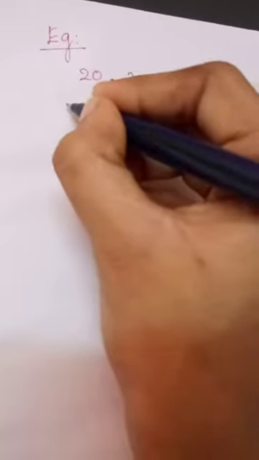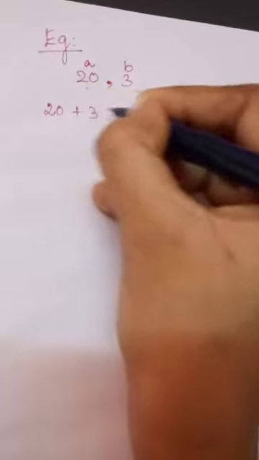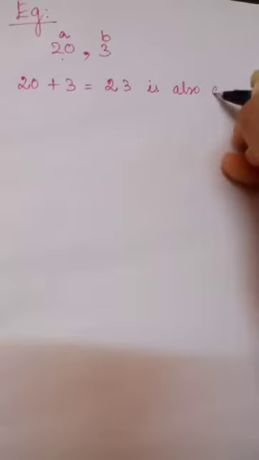Example for that: 20 is a whole number, 3 is a whole number. If I add these two whole numbers, A plus B, where A is 20 and B is 3, A plus B means 20 plus 3. We will get the answer 23. 23 is also a whole number.